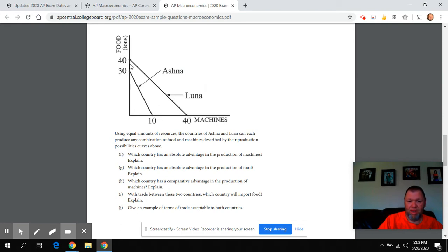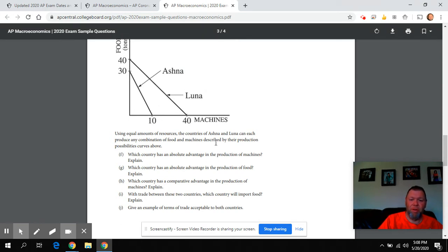So how much food does Luna have to give up to make a machine? It's 40 divided by 40. The other number goes over. So one machine equals one food for Luna. For Ashna, they give up one machine, so you have to put 30 over 10. One machine equals 3 food for Ashna.